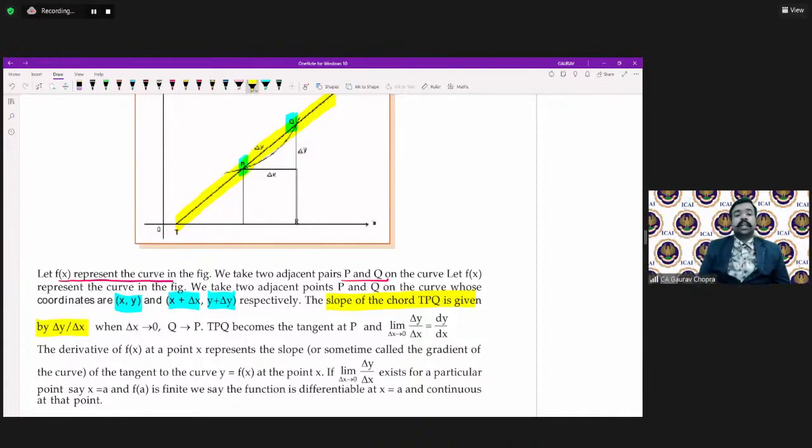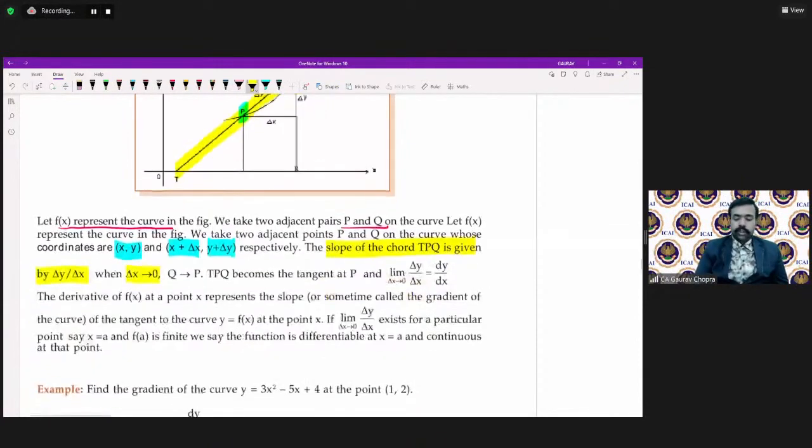The slope is basically sacrifice divided by gain, or delta y divided by delta x. You might have studied that as MRS, the marginal rate of substitution. So similarly here also there is delta y by delta x, where delta x tends to 0. That means the change is so minute that it tends to 0.